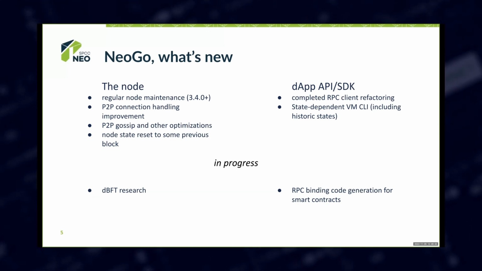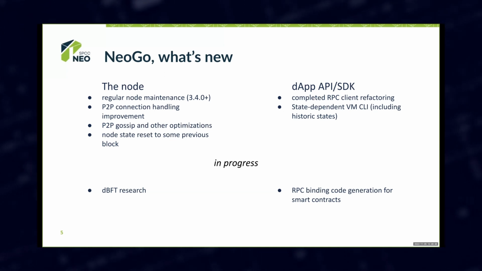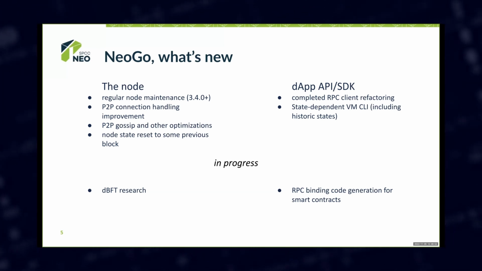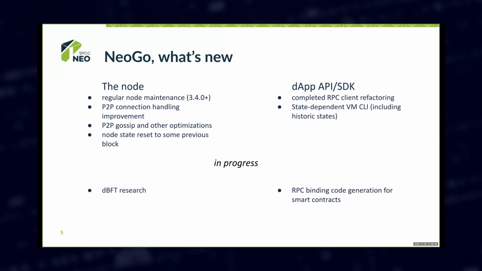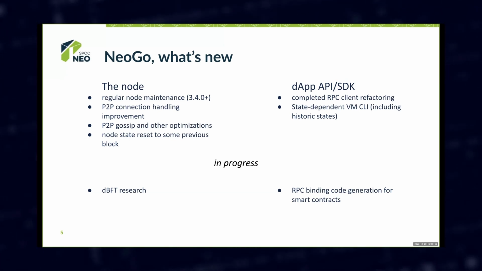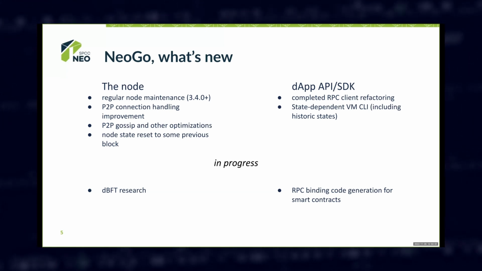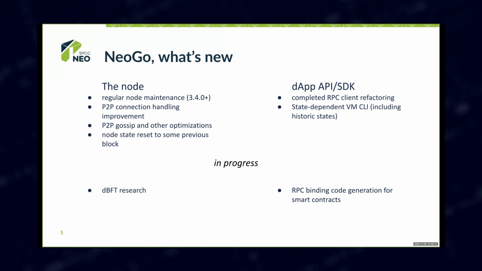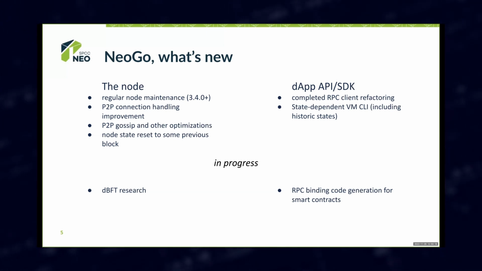Now we can also use this chain context, any chain, mainnet, testnet, whatever have you, private networks. You can use it to run not just simple scripts, but also invoke contracts and basically do some debugging, although it does not yet support any debug data. I think we will do that in the future, but it's not yet ready. Other than that, it's already released, and you can use it.